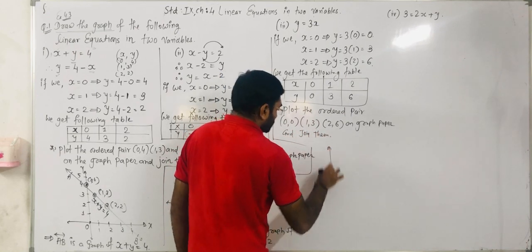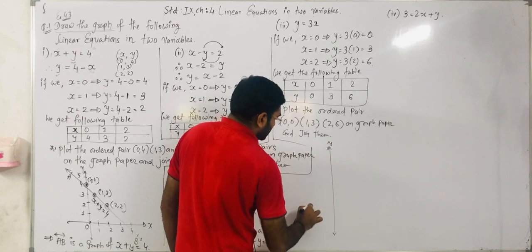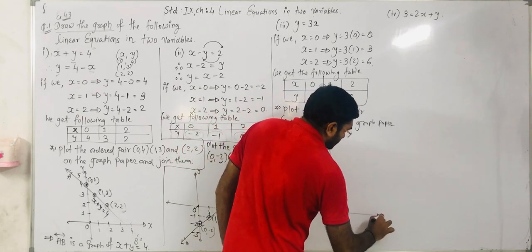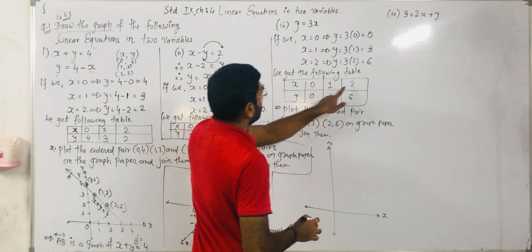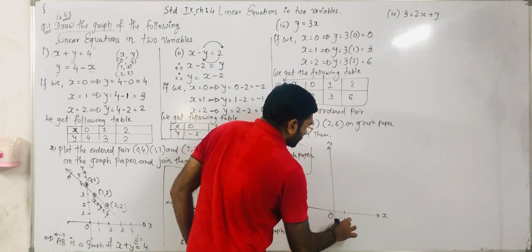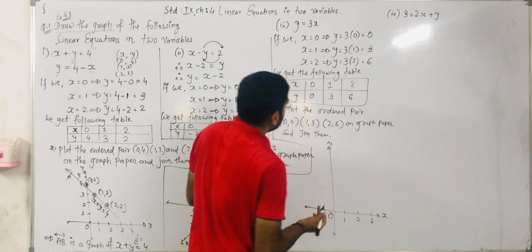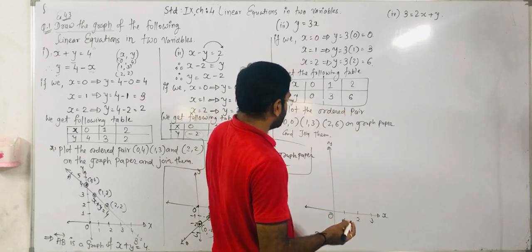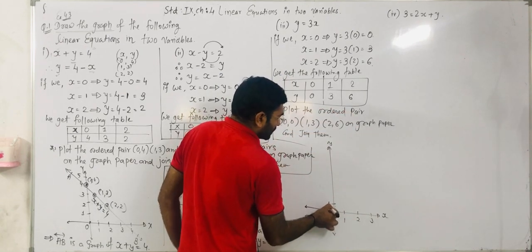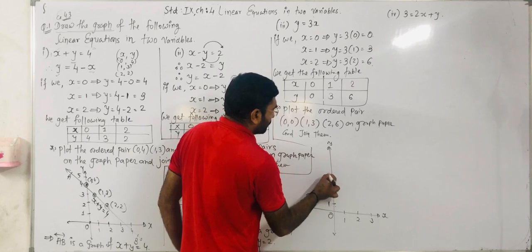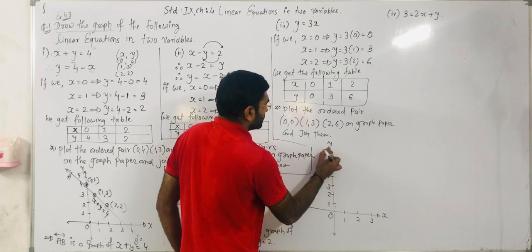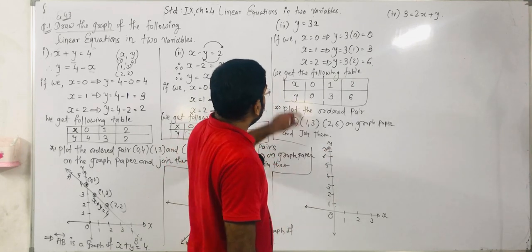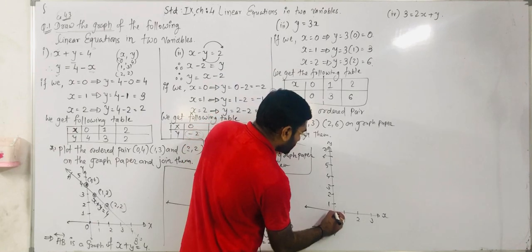So suppose this is a y-axis and this is an x-axis. On x-axis 0 1 2 we require, so 0 1 2 3 we write. On y-axis 0 to 6, 6 is the maximum output. So here 1 2 3 4 5 6 7. Right? Now plot the first point 0 0. So 0 0 is here.